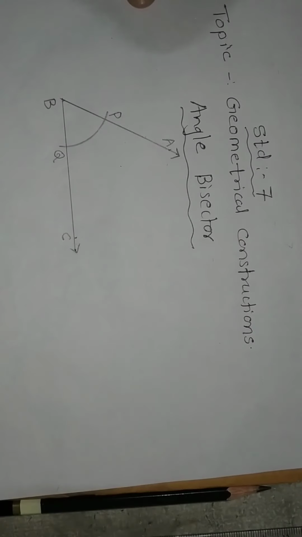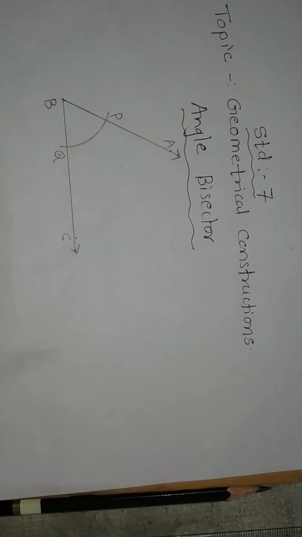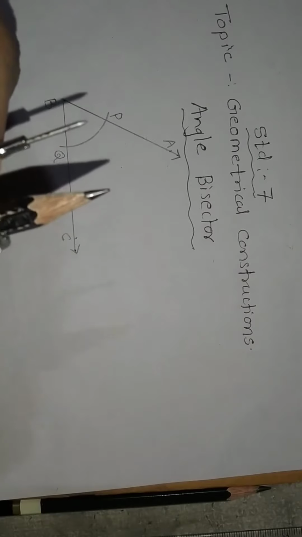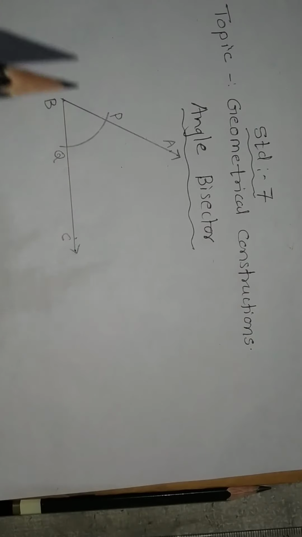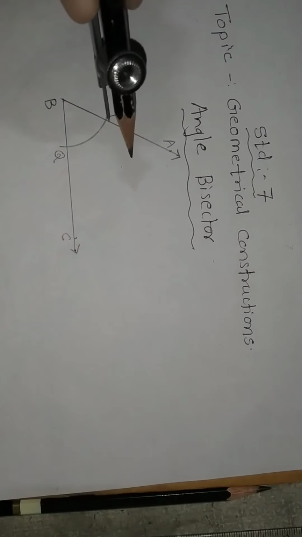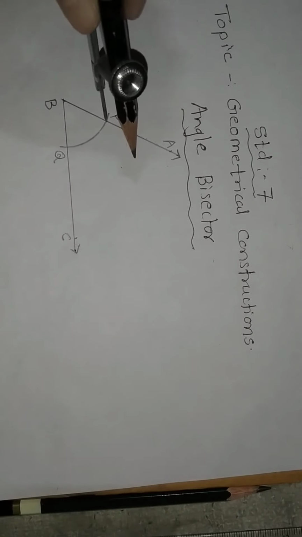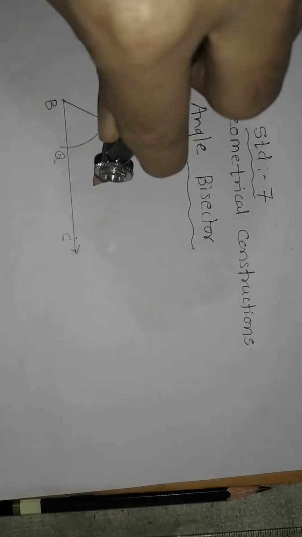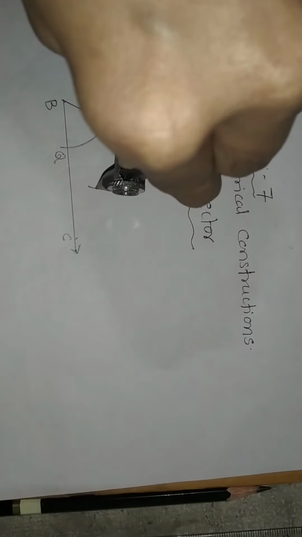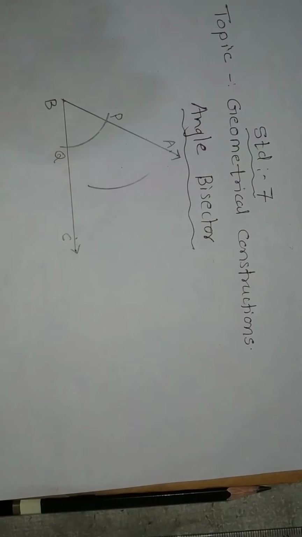Okay? Then after, just expand a little bit distance approximately in your compass and put the one end of the compass on point B and draw one arc inside the interior of the given angle.